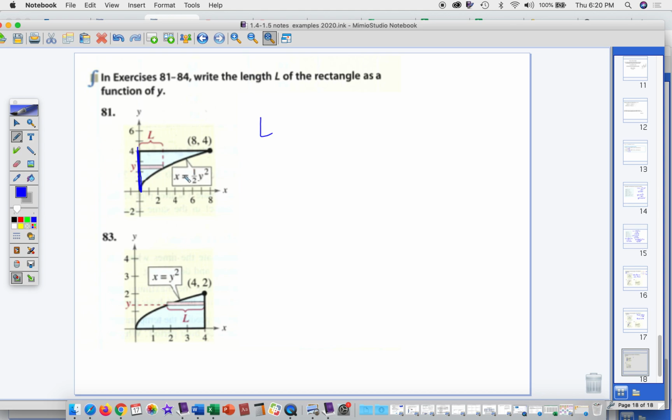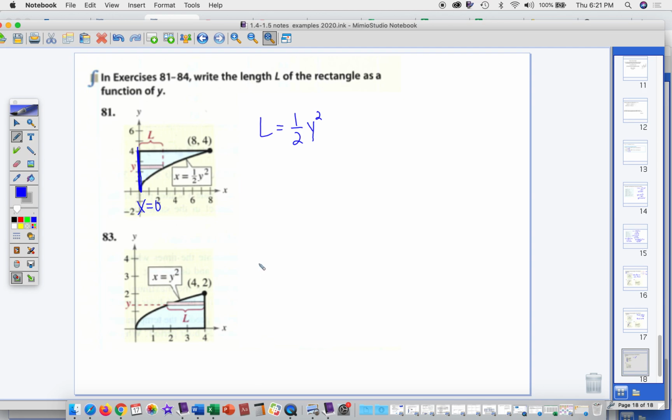So to get the length of a rectangle bounded by these two, I'm going to take 1/2 y squared and then subtract, this is the equation x equal to 0, right? So I'm really just subtracting 0, so it's just 1/2 y squared.